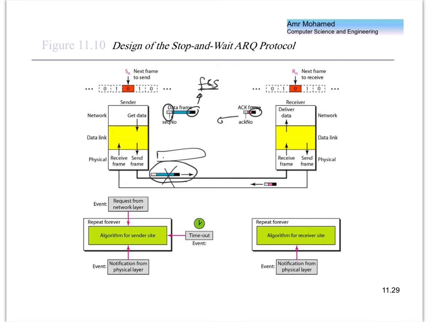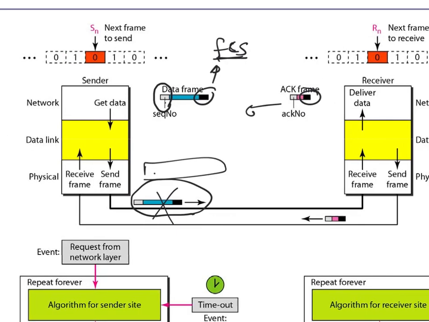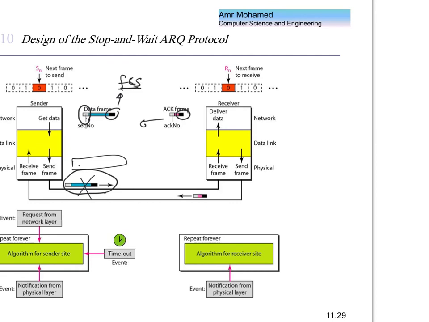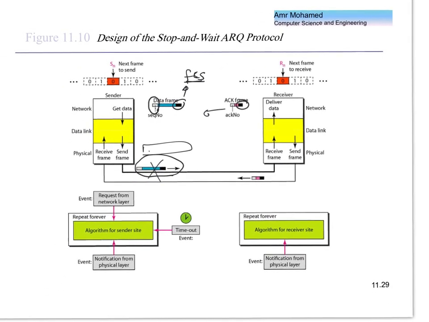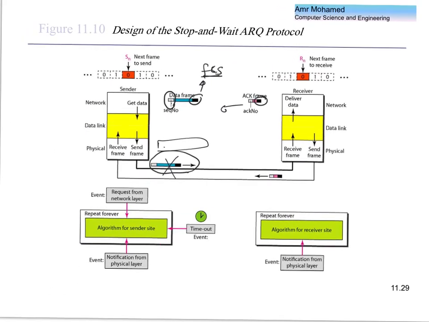So we notice here also that we have one pointer at the sender side which points to the frame that is currently being sent, right? If that frame arrives here, then the receiver will increment its pointer.